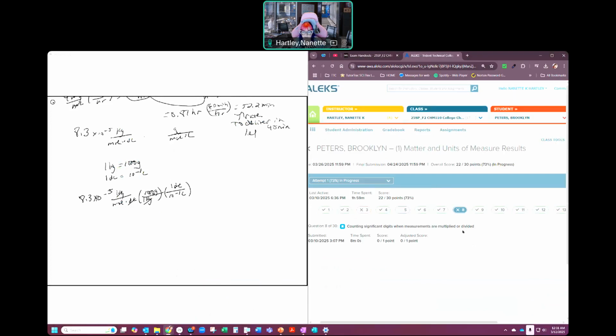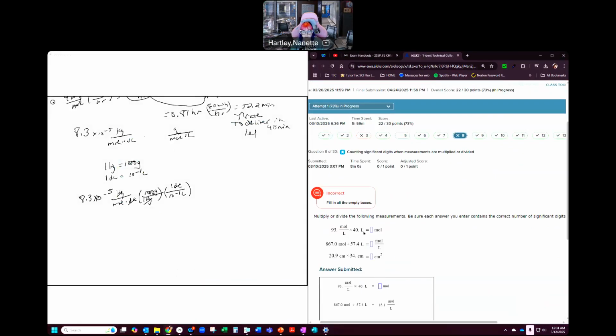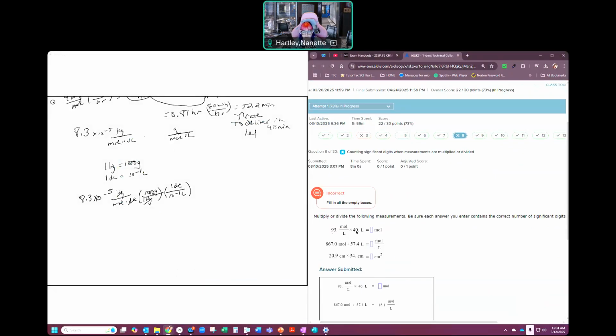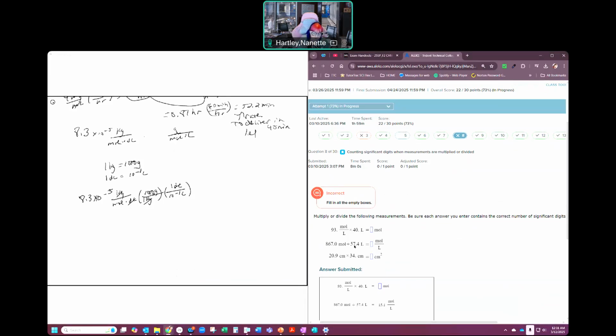Looking at 8, mole per liter times liters. So 93 times the 40 would give me that answer there. So 93 times 40. And of course, both of those are 2 sig figs.